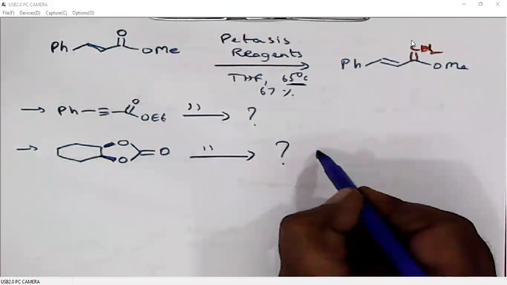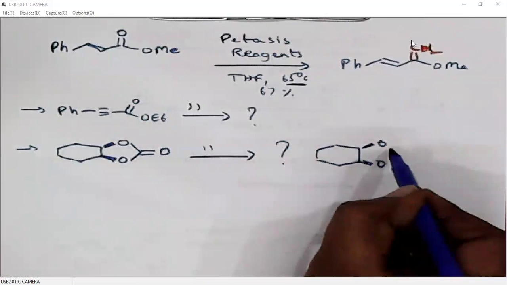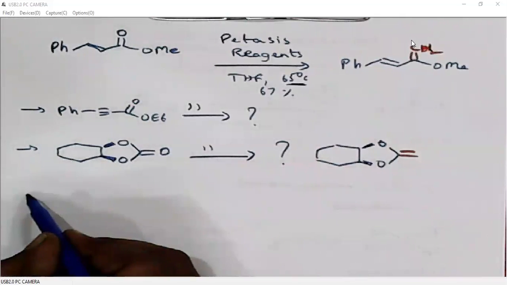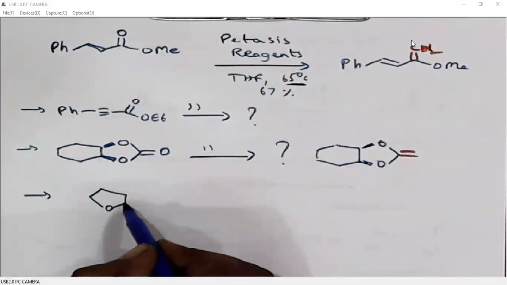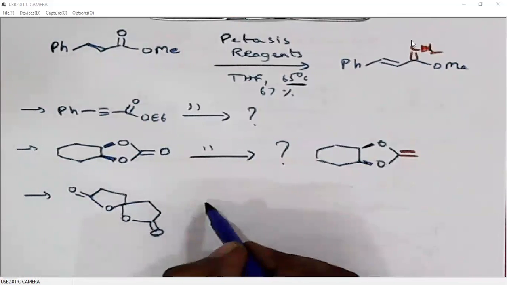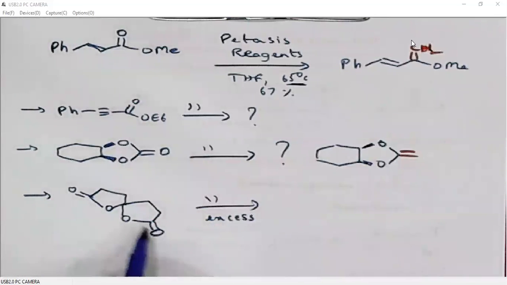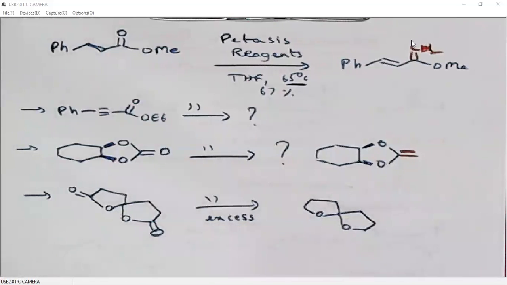We need to convert oxygen into carbon. Here we have two lactone groups, so we need excess reagent so that we can convert both lactone carbonyls into alkenes.